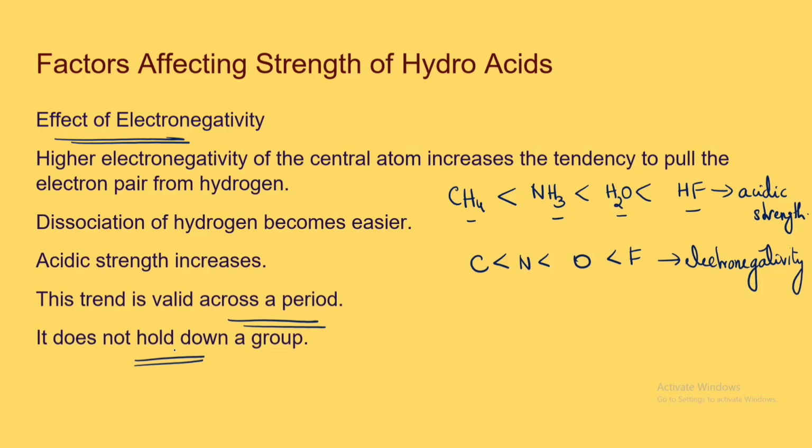For example, let us take the hydroacids of group 7: HF, HCl, HBr, HI. In terms of acidic strength, HI will be highly acidic, then HBr, then HCl, and HF will be the least.